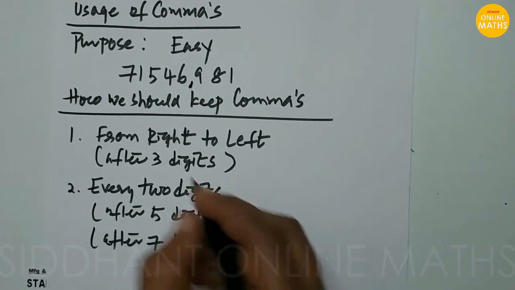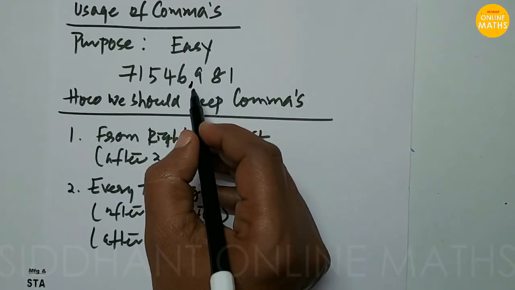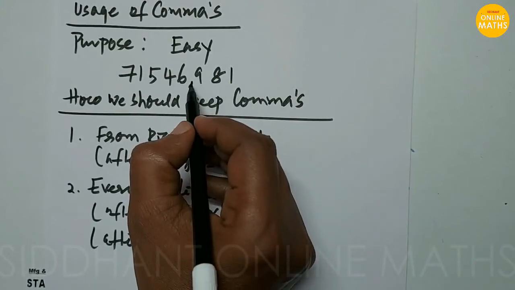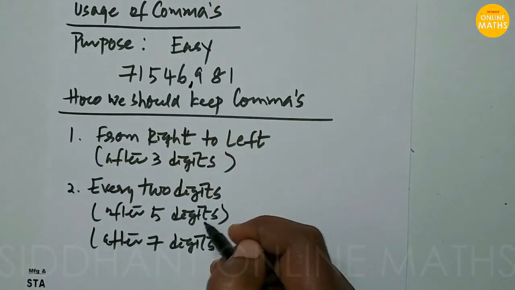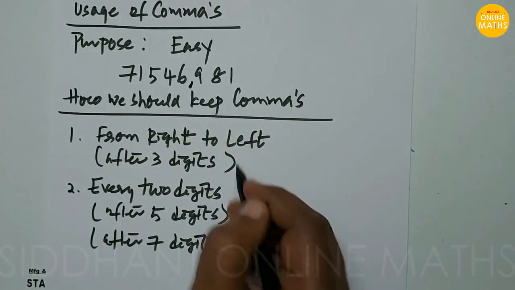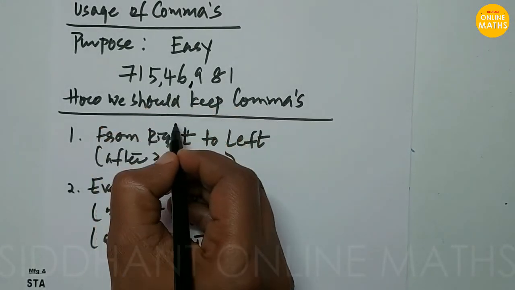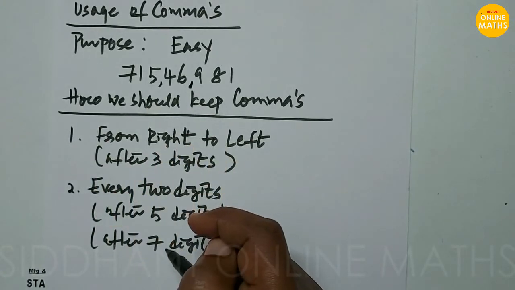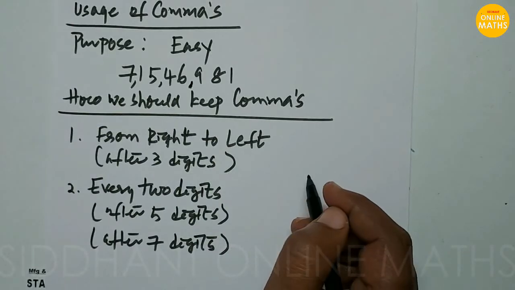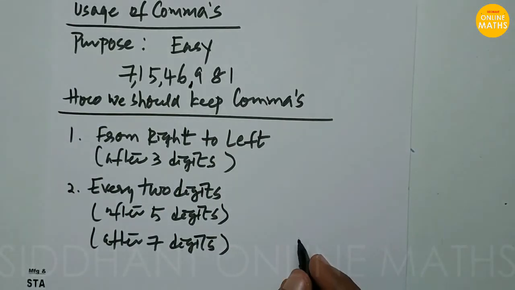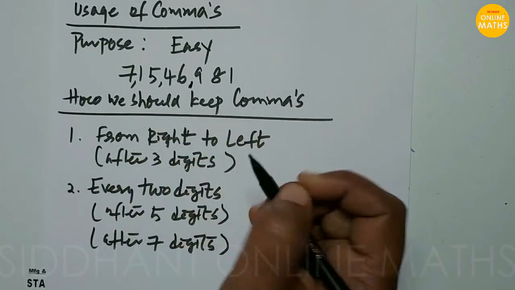In the above number, after 3 digits from right to left, we kept a comma. Followed by this, every 2 digits, that means after 5 digits, we keep a comma here. And next after 7 digits, we keep a comma here. This way we see commas in a given number.